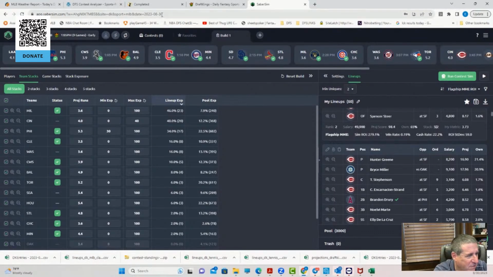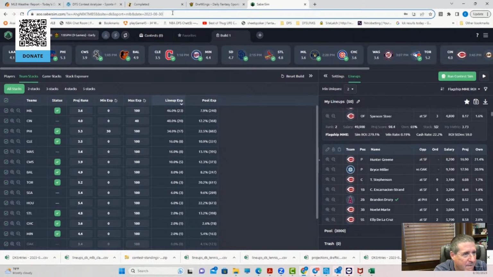I'd have to rerun this, right? Which I'll probably do. So we're going to keep right now the lineups from before without having run the contest sims, because I don't want to expose myself to too much of the Reds until I know what the hell's going on. So I'll probably have to rerun the Red stuff.